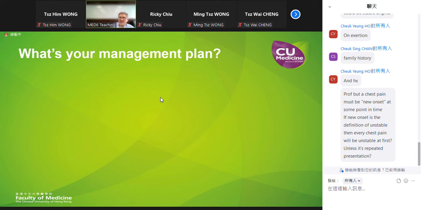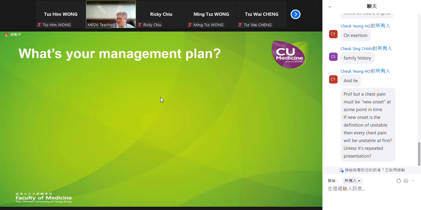With stable angina, you mean the patient has very predictable symptoms. We don't know yet. By definition, if you err on the side of caution, then everyone with new onset, never had it before, could potentially be unstable angina. Could be, all right? But in the scheme of things, it could be a very low risk unstable angina. This is probably the lowest end of the spectrum.